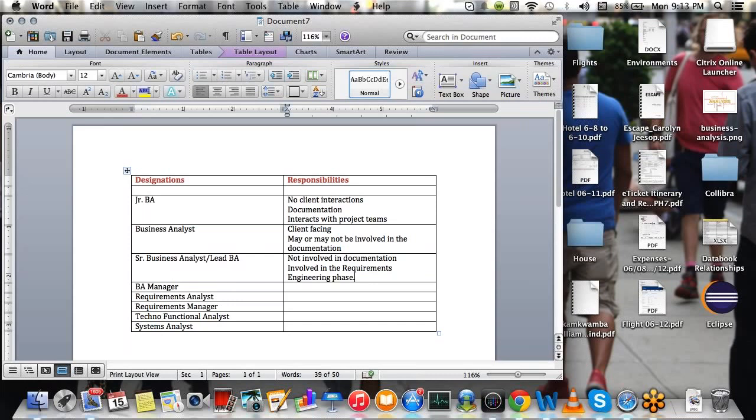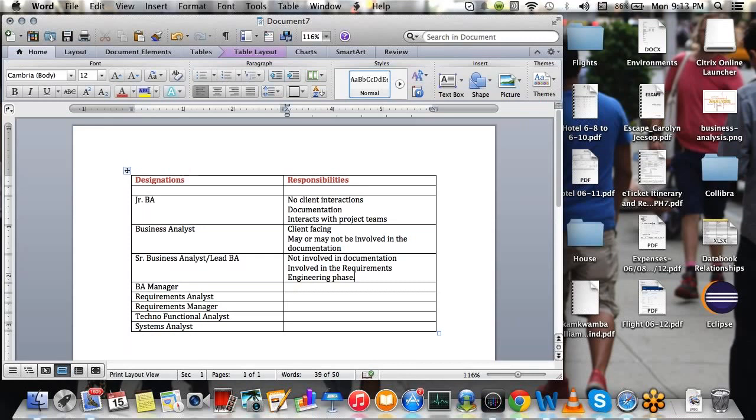Once all the requirements are captured, documented, and baselined, nothing but approved, they will move out of the project. They'll make sure the BA will be able to handle the entire project, and they'll move from that project and kickstart another project from scratch. That's what most of the time your lead BA or your senior business analyst will do, right?